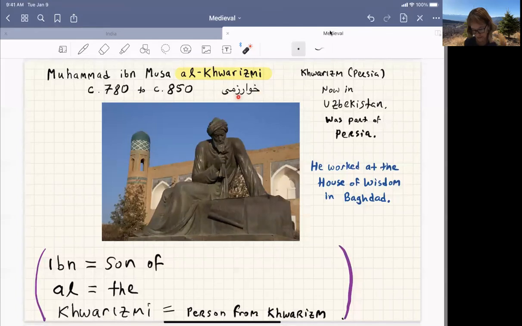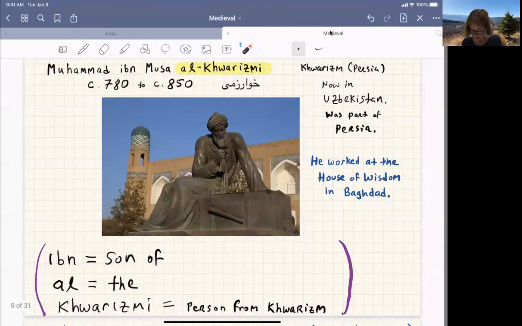Here's his name, Khwarizmi, written in the Arabic script. So Khwarizm was then part of Persia. It now is in Uzbekistan. And he worked at the House of Wisdom in Baghdad.